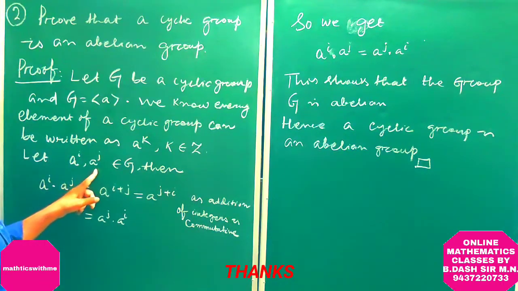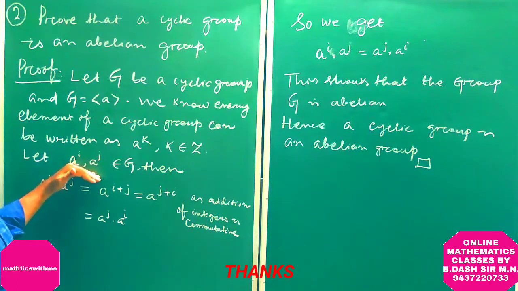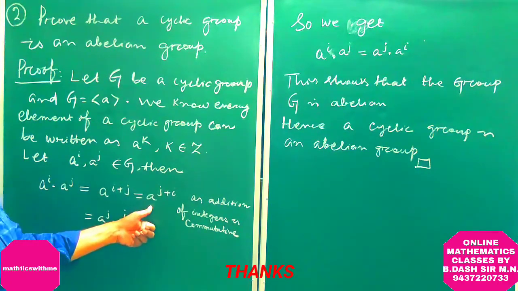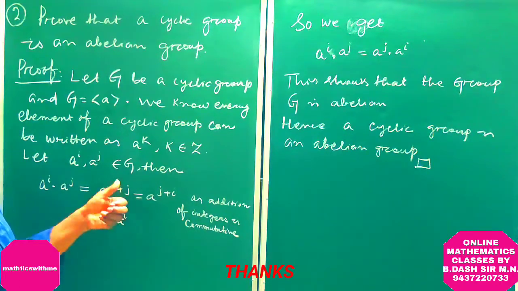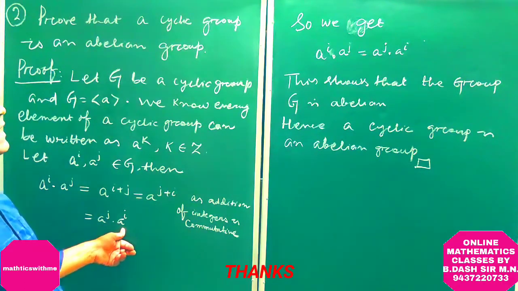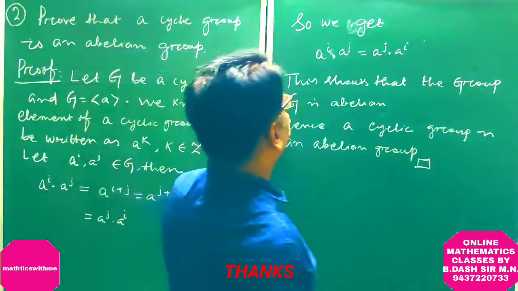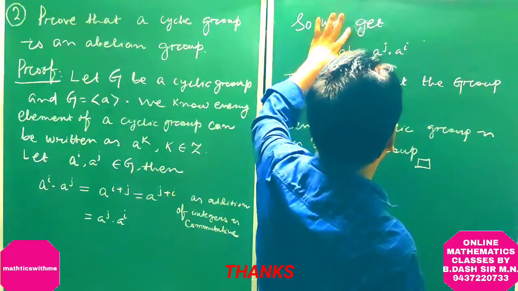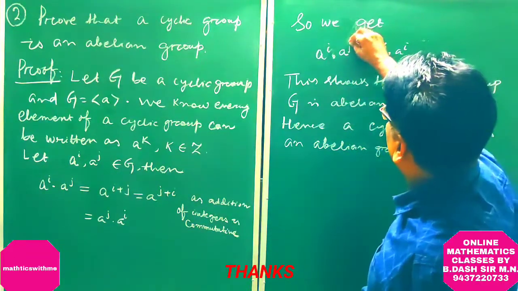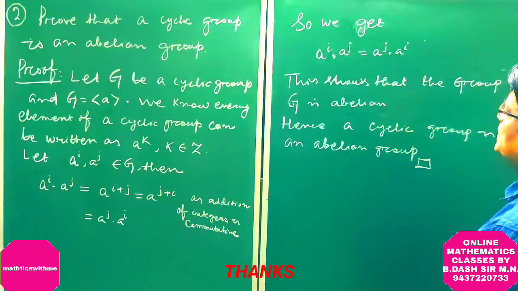Let a to the power i, a to the power j belong to G. Then a to the power i into a to the power j is equal to a to the power i plus j, equal to a to the power j plus i, because addition of integers is commutative, which equals a to the power j into a to the power i.